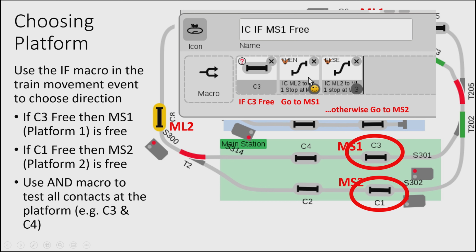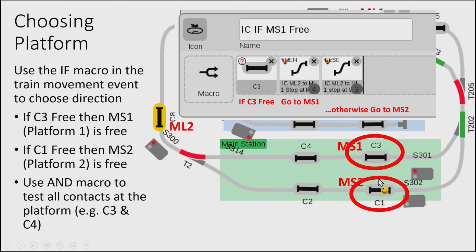So the first block is actually the train movement going from ML2 to MS1, right? So basically what it says here is, well, if MS1 is free, let's enter that one. Otherwise, it will just go to the other platform. So this will mean if there's nobody at MS1, it will go in there. If MS1 is occupied, it will go to MS2.